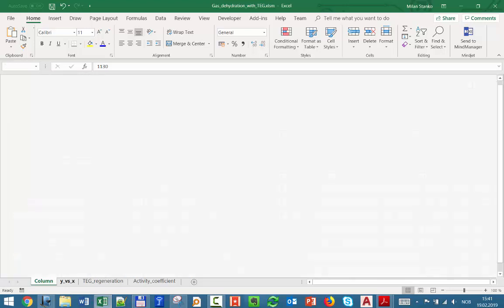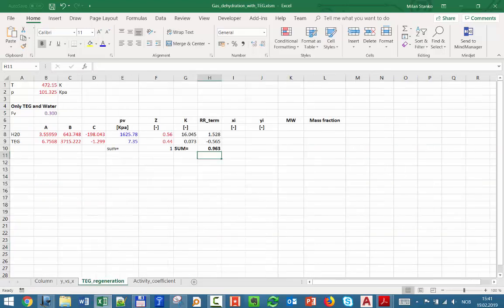So that will be the Z of the water, 0.323, and the Z of the TEG will be 1 minus that. So that's what we want to regenerate.